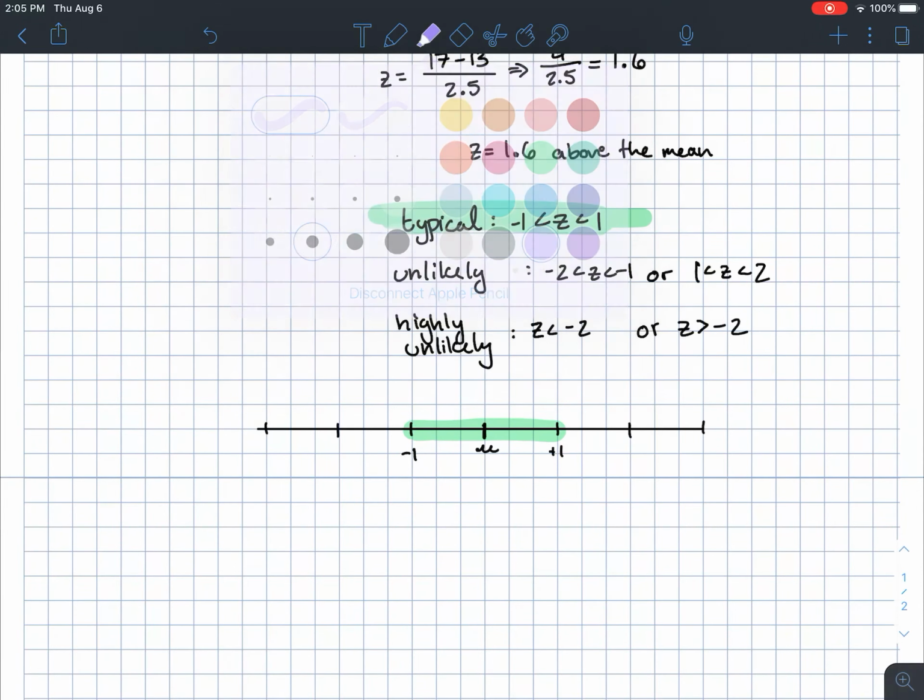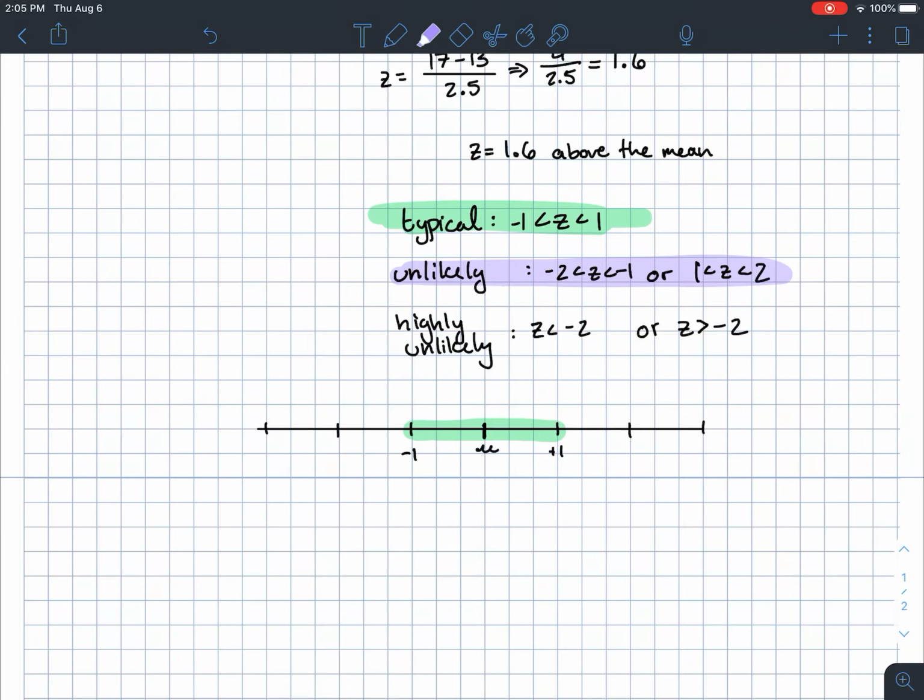The unlikely range that we're looking at occurs here, in these two spots, where you're just above your typical, but you're not really highly unlikely. It's not in that super rare zone, but that's between -2 and +2.